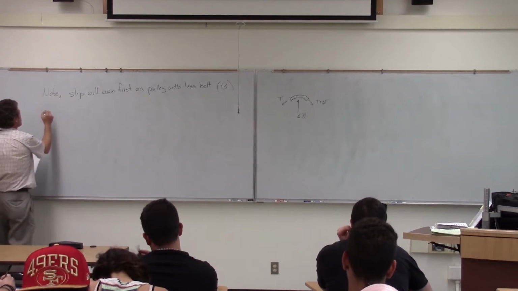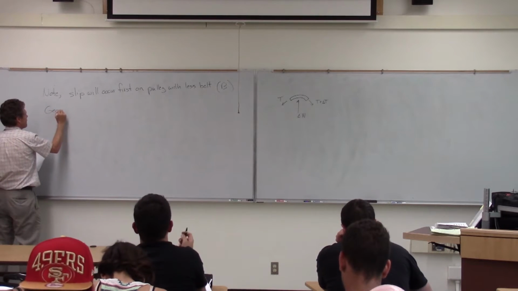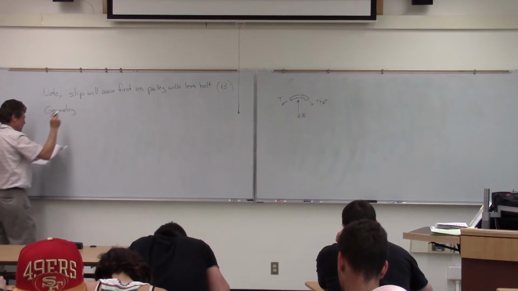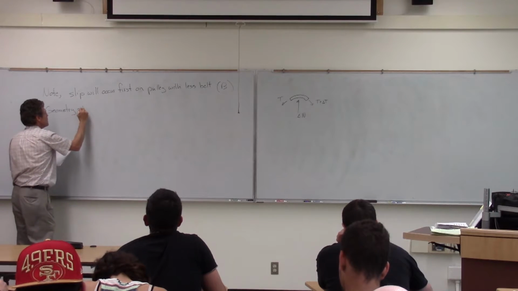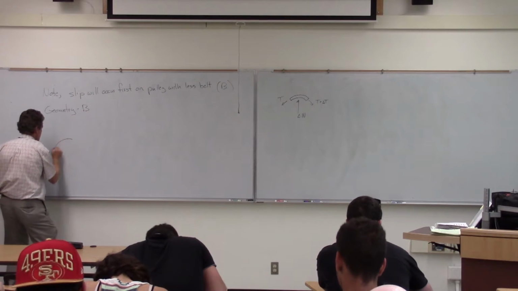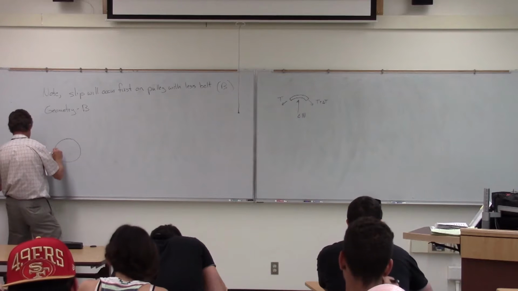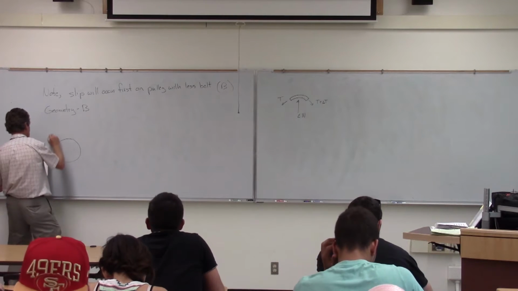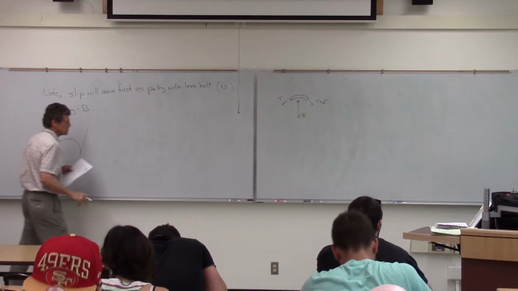Now, one of the things we're going to have to get out of the way is figure out what my wrap is. So the belt kind of looks like that.